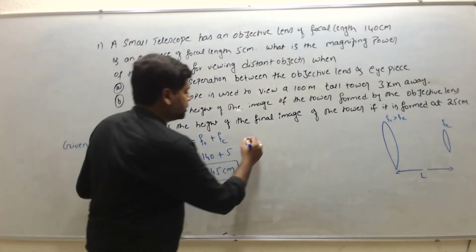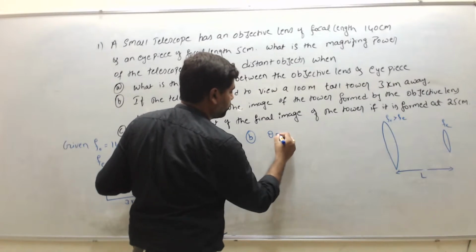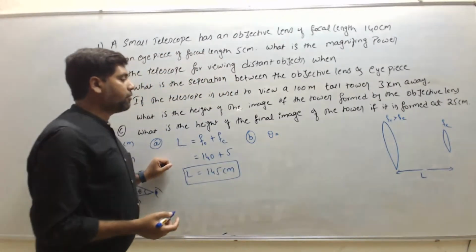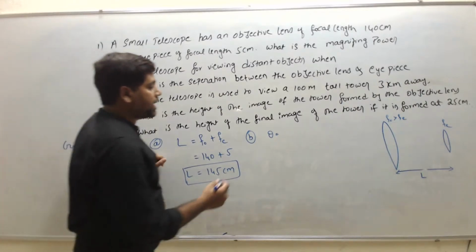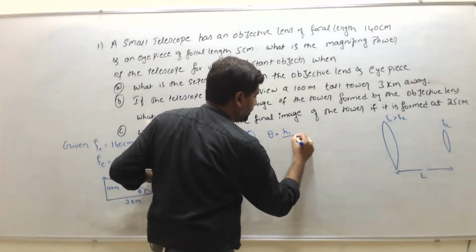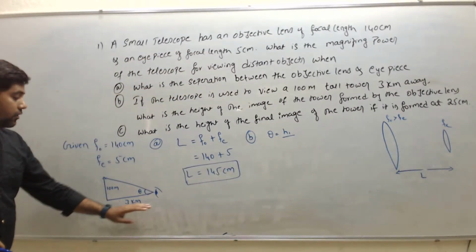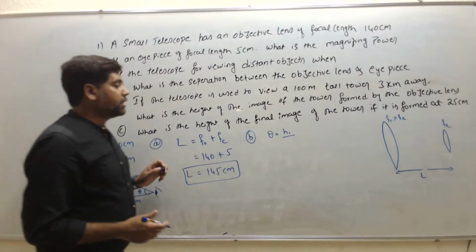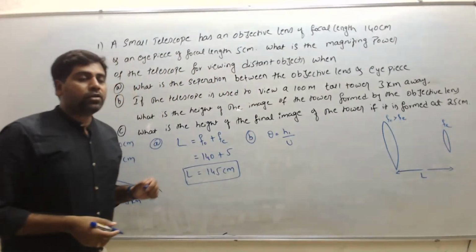Then theta is equal to the height of the tower, which I take as h1, divided by the distance from the observer to the tower, that is u. So theta is h1 divided by u.